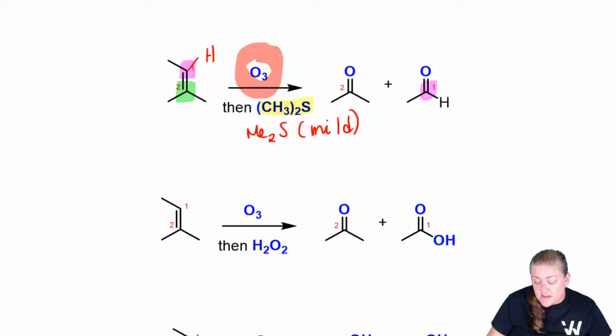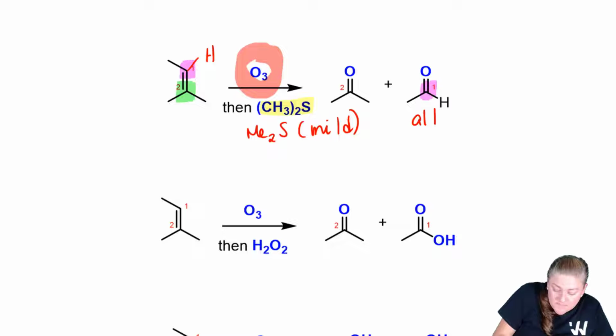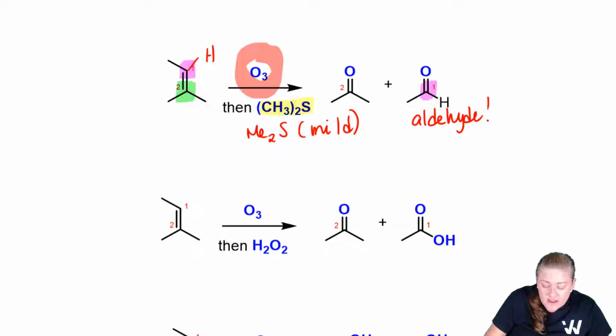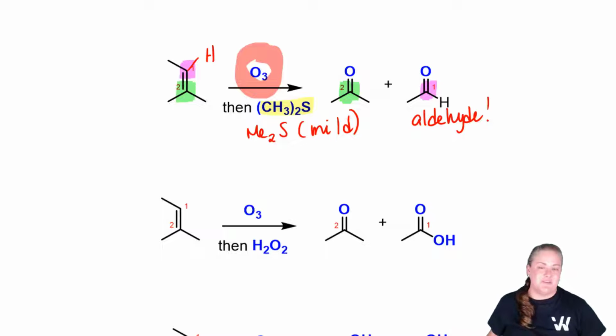And you're going to notice importantly that this gives me an aldehyde because I used a mild workup step. Now you'll notice carbon 2 is a ketone because di-substituted carbons always give ketones regardless of the workup. So ozone followed by this mild dimethyl sulfide workup gives di-substituted alkenes as ketones, always, and monosubstituted alkenes as aldehydes.